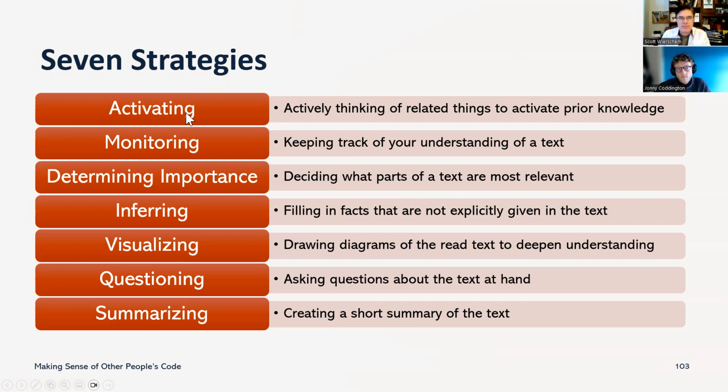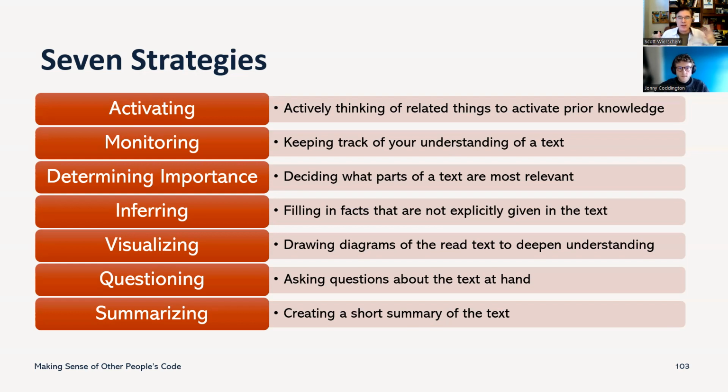So there's 7 different strategies for reading. First, when you're reading something, you're going to activate. You're going to think of what things are related to what you already know. Monitoring, so you keep track of what it is that you're reading. You're determining what's most important. You're going to infer things that aren't explicitly said from what you're reading.